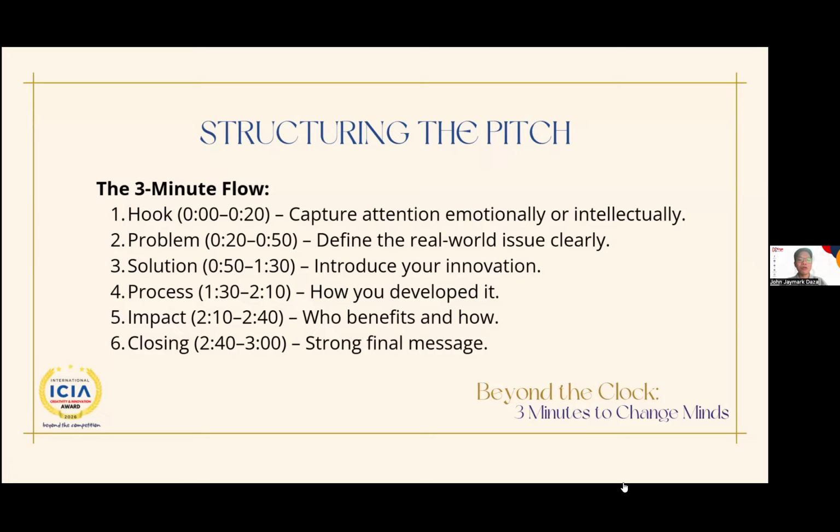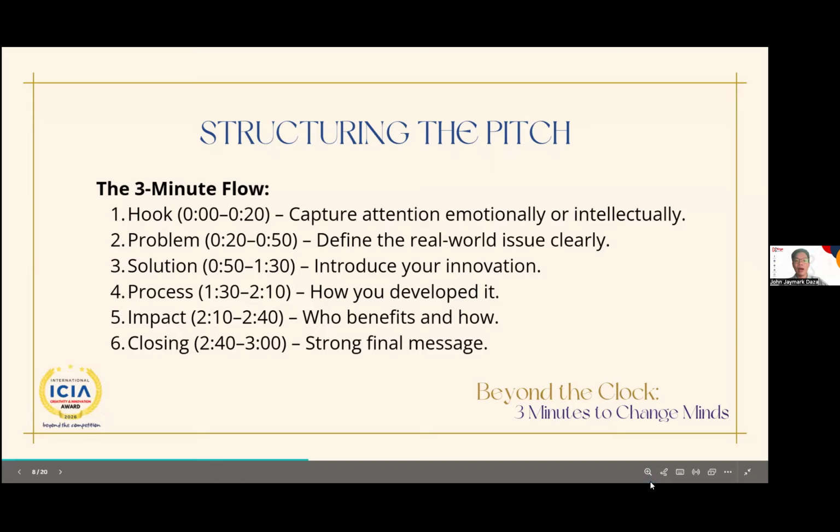Okay. So for the fifth one, we have the impact. Who benefits and how? So for example, you design an artificial intelligence for the students who are actually struggling on mathematics and science. So you use a gamified, a game.